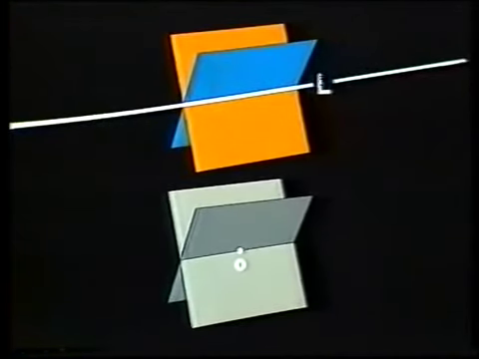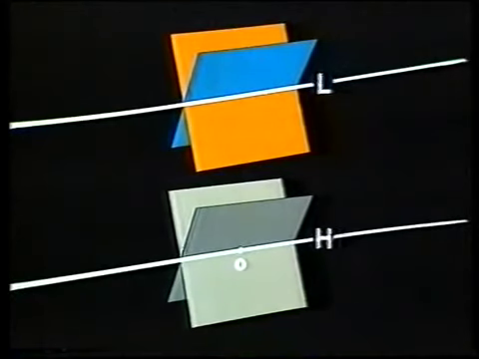Now the homogeneous pair of equations both pass through the origin. This means, of course, that their solution set is the line H, also through the origin.